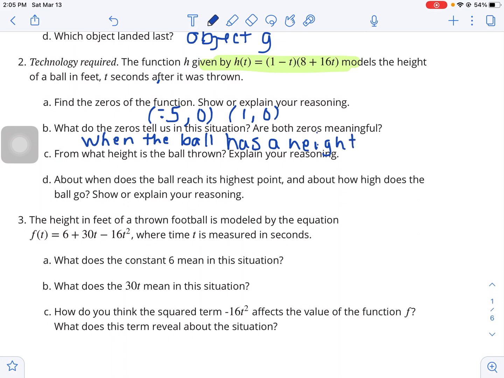That 0 tells us the height, and the when is the t, right? So at negative 0.5, that doesn't make sense. So negative 0.5 comma 0 does not make sense, it is not meaningful.